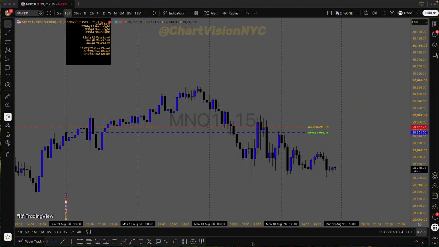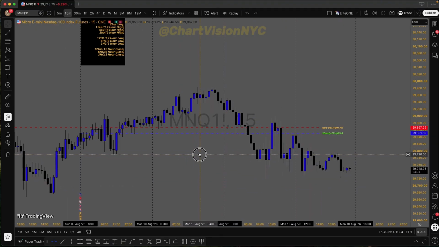Futures trade 23 of those 24 hours. What that allows us to do is break down 1 day into 4 equal segments of 6 hours. That's simple enough.